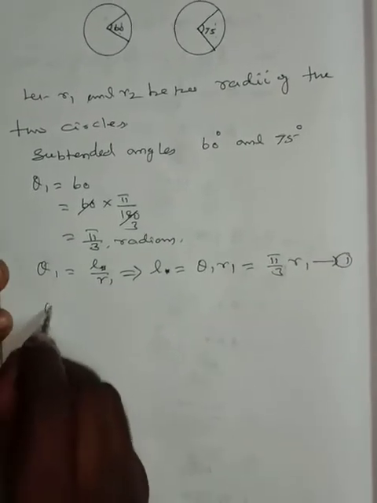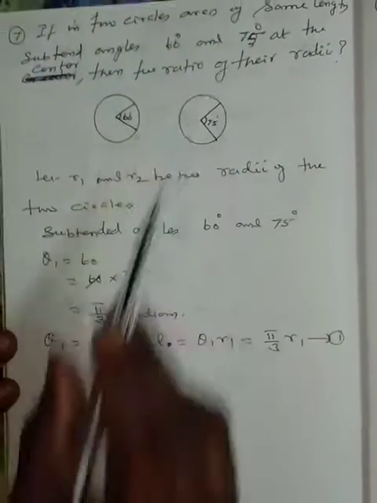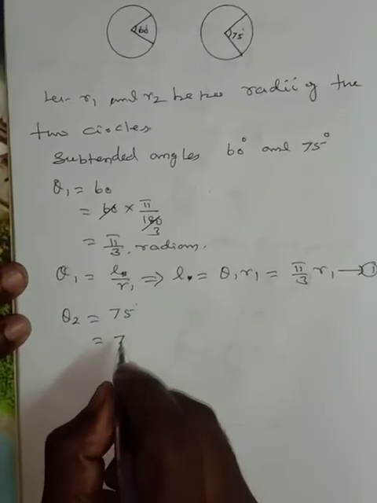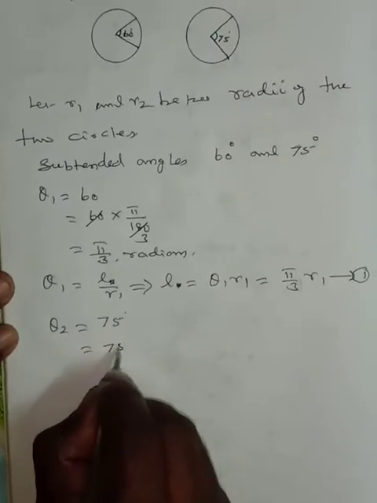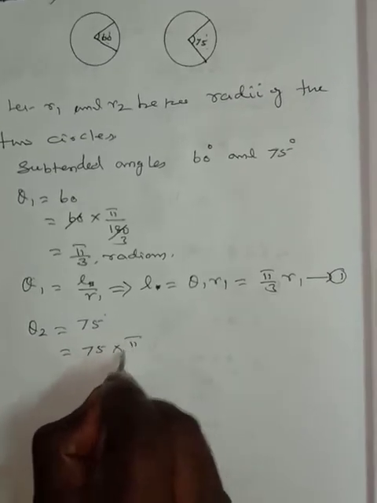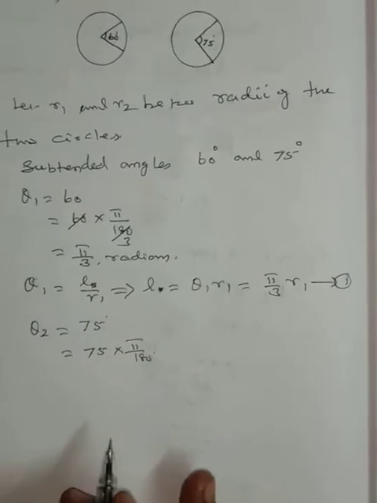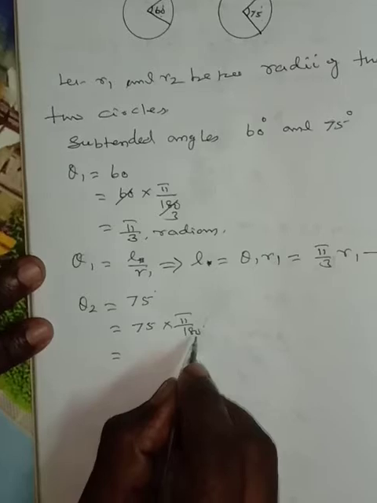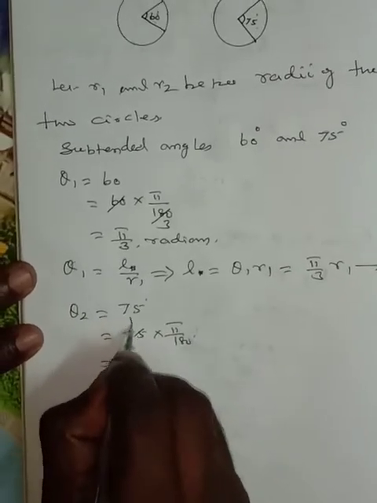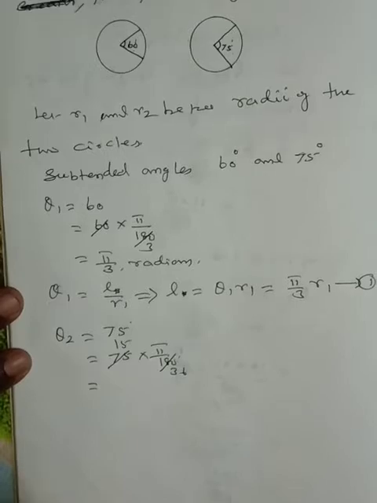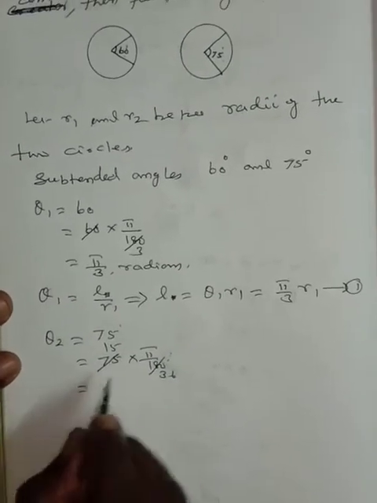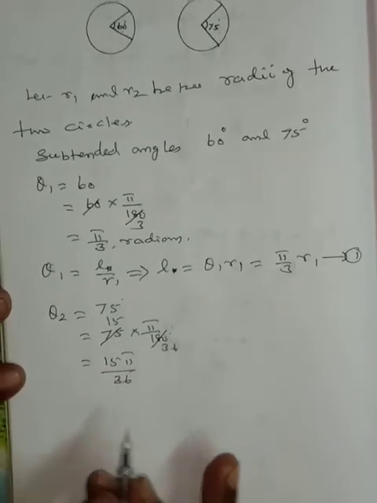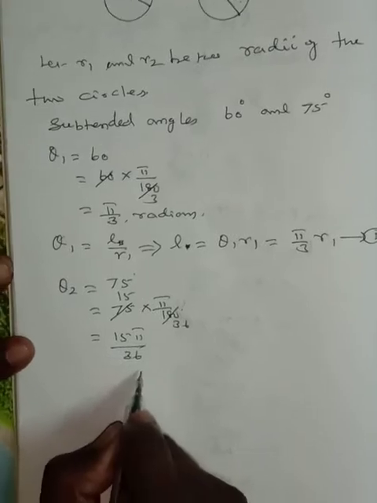Next theta 2. Theta 2 is 75 degree, therefore 75 degree into radian measure, 75 into pi by 180, is equal to 15 pi divided by 36. Now 3 5s are 15, 3 12s are 36.